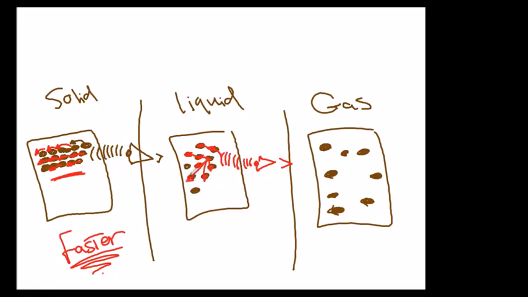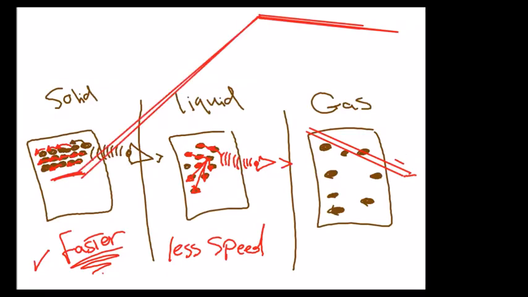So each particle will move the energy to the next one, and the next one, and so on. Here, in the solid, the sound will move faster because the particles are closer to each other.